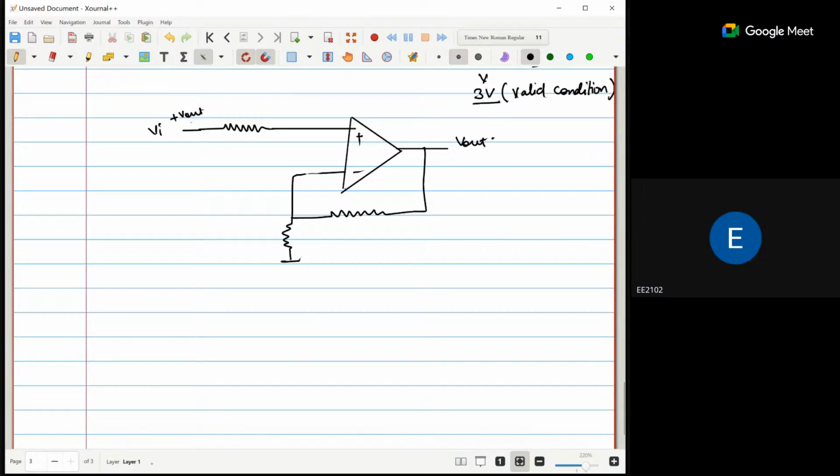Okay, so what is the benefit of that? This is the RF, this is the R1. The benefit is my output voltage will be changed to Vi plus Vout times 1 plus RF by R1.